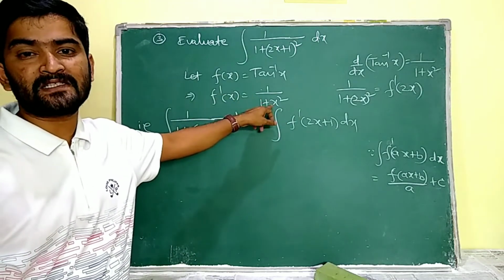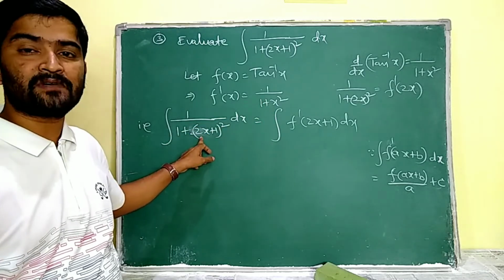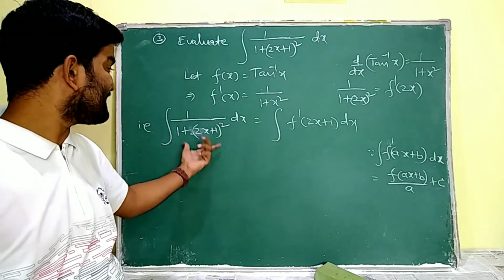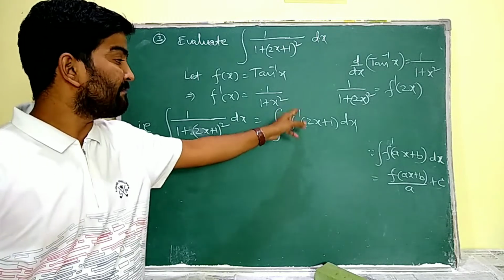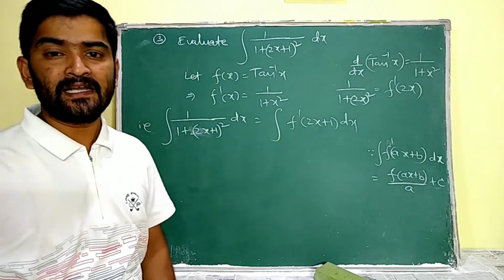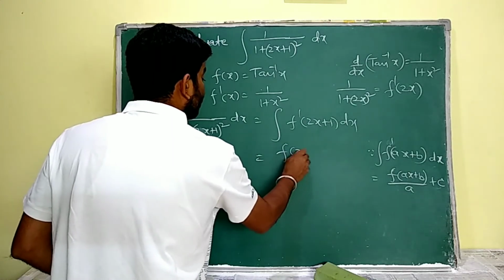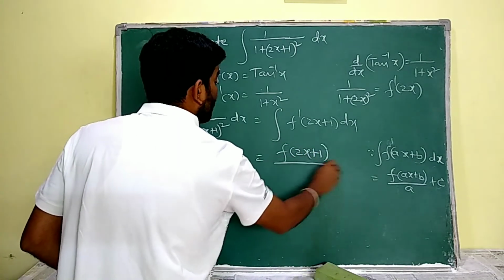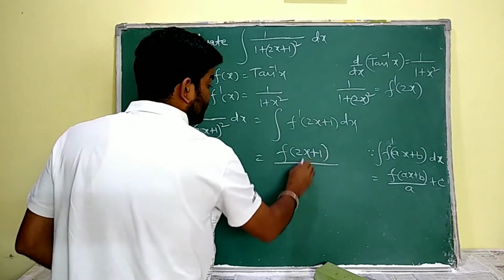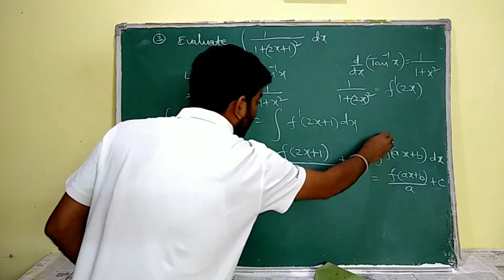Why? In the place of x square I am having (2x plus 1) whole square. So I am going to rearrange this as integral f dash of (2x plus 1) dx. We know its value is f of 2x plus 1 whole by what ma? 2, plus c according to this formula ma.